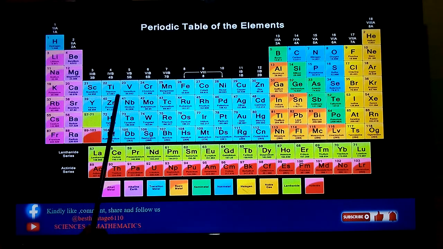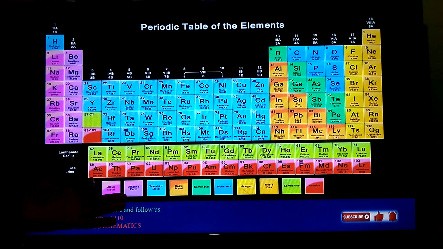This also falls under the category of transition elements, which are referred to as inner transition elements. Now, in our subsequent discussions, we're going to see that these lanthanides are referred to as rare earth metals. And we're going to see that their physical and chemical properties have a closer relationship as compared to other elements in the periodic table.